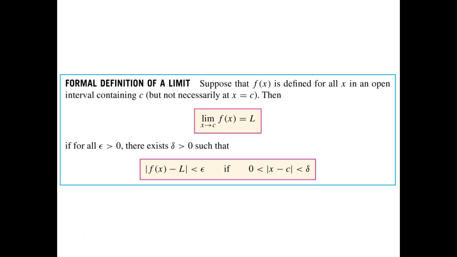So, that limit, as x approaches c, that's what's happening on the domain side. The limit as x approaches c of f of x, that's on the range side, is equal to L. As x approaches c, we're saying f of x is getting closer and closer to L. Okay? When does that limit exist? Here's the formal definition.